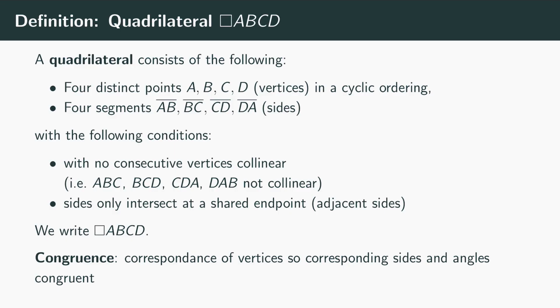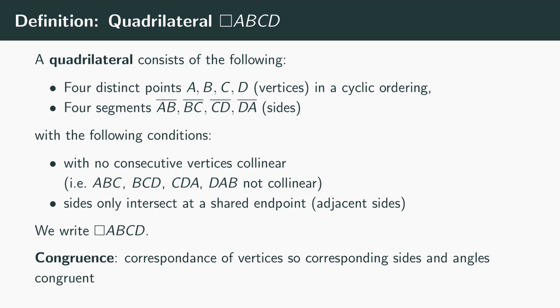Then our quadrilateral has four sides. We have the four segments, AB, BC, CD, and DA. And we have a bunch of conditions. So our first condition is we're not allowed to have consecutive vertices in our cyclic ordering be collinear.